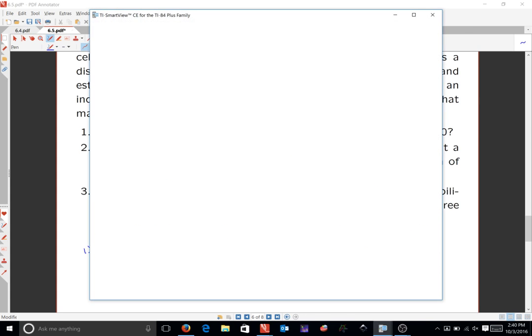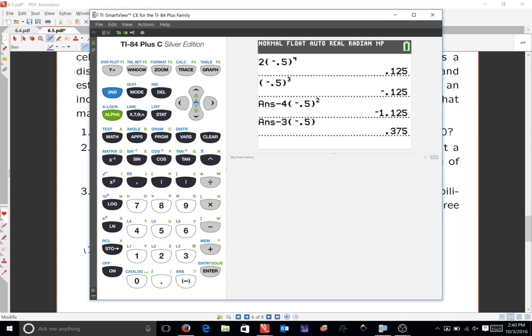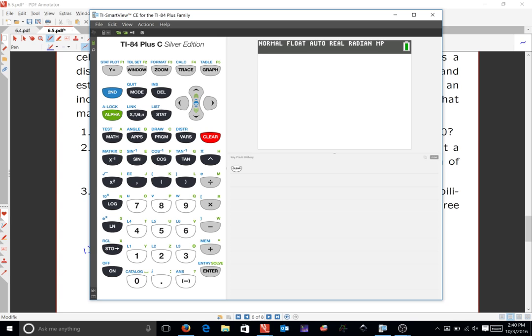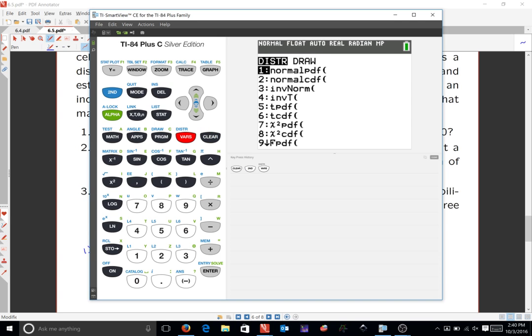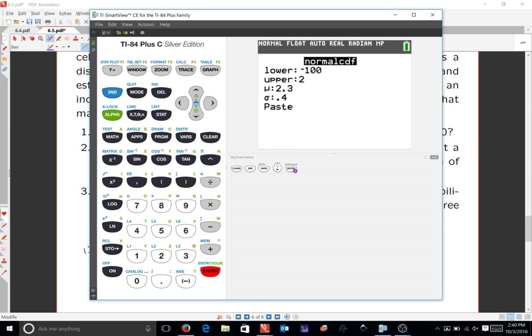By the way, I put the links for the normal distribution up on eClass 2 if you're needing that. Okay, so go down to our normal CDF, which is number 2. And then we were using negative 100. The upper limit was 3,500.